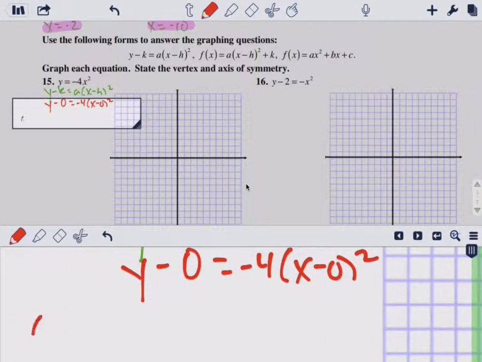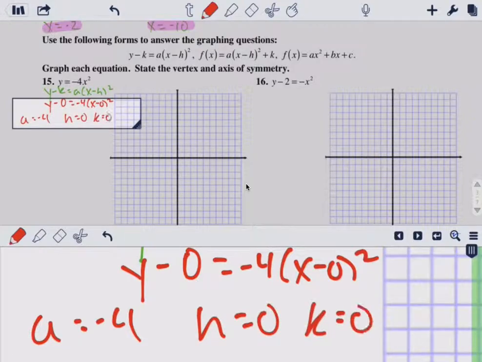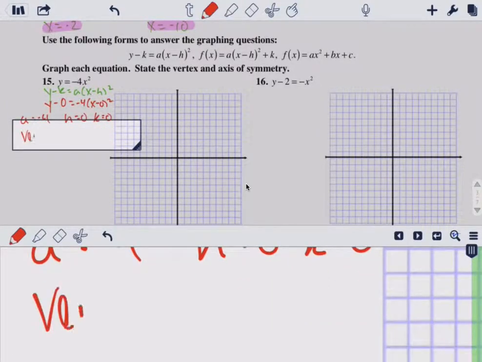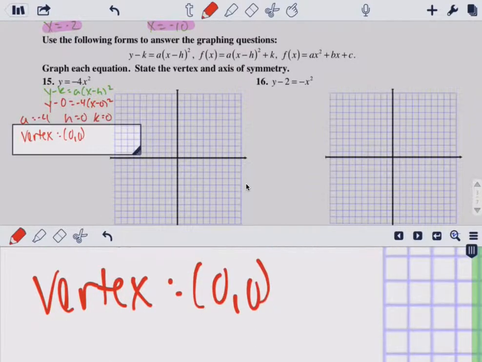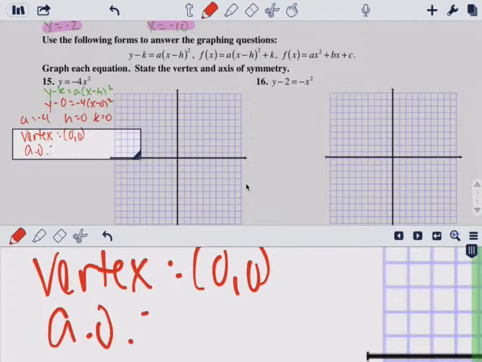So I get a is equal to negative 4, h is 0, k is 0. So my vertex is 0, 0. My axis of symmetry is x is equal to h, which is 0.